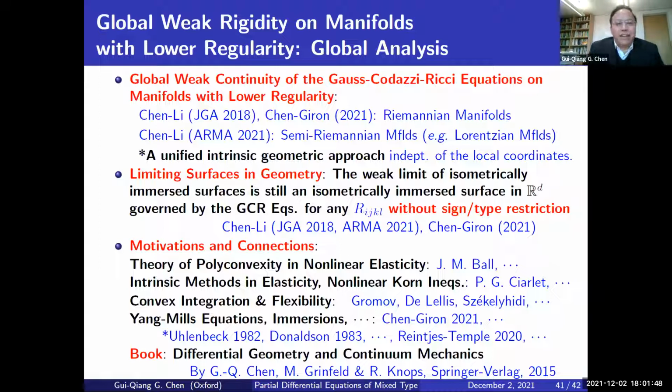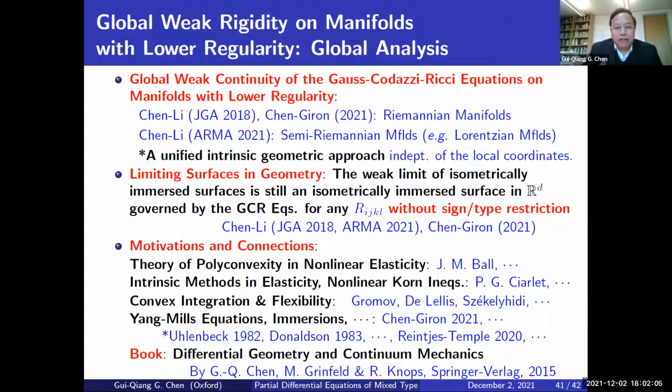This idea we also apply to the Yang-Mills equations, and it works very nicely. This is motivated by early work like Uhlenbeck, Donaldson, and now also recently Tao and others.